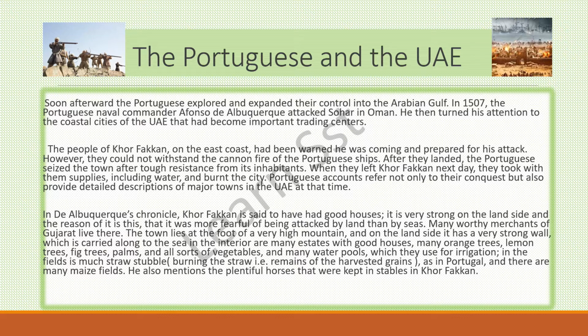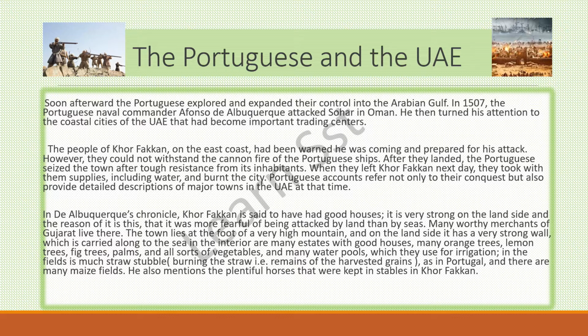In the interiors are many estates, meaning huge properties with good, lavish houses, and many orange trees, lemon trees, figs, palms, and all sorts of vegetables, and many water pools which they used for irrigation.